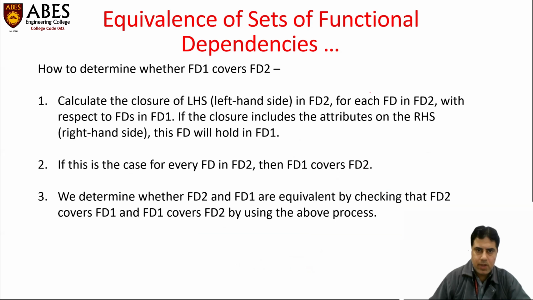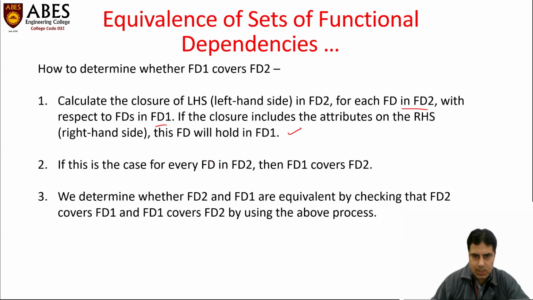So how to determine whether FD1 covers FD2? Calculate the closure of the left-hand side of each FD in FD2 with respect to the FDs in FD1. If the closure includes the attribute on the right-hand side, this FD will hold in FD1.